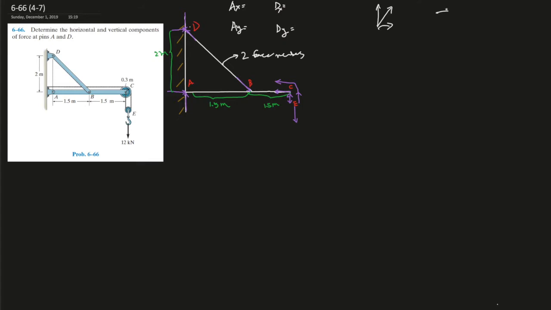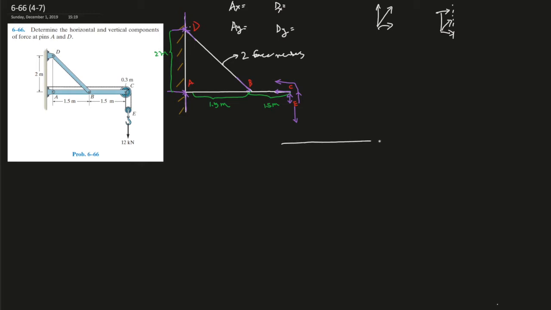Because remember, we're doing the truss bisection. If we cut it, these are the only things we need to draw, especially since this is a two force member. So we only have to draw A, B, C, and components E.